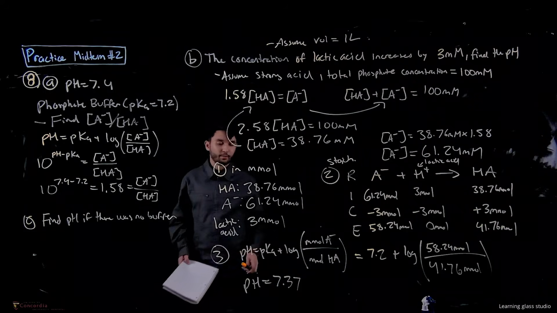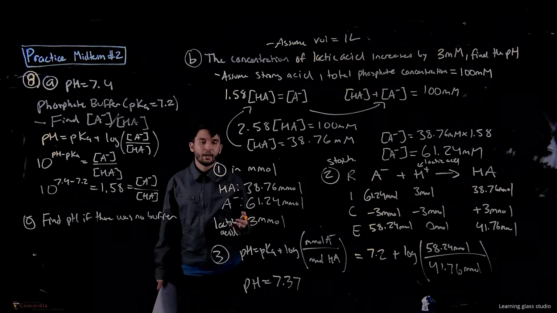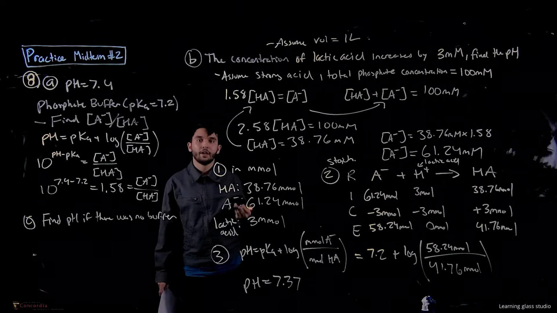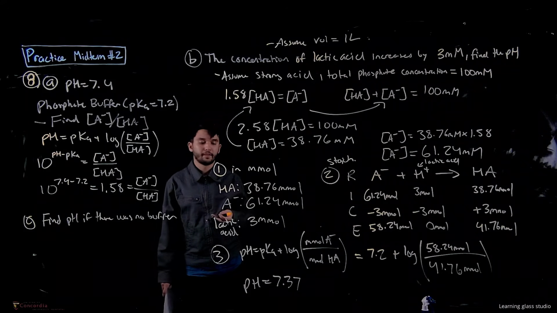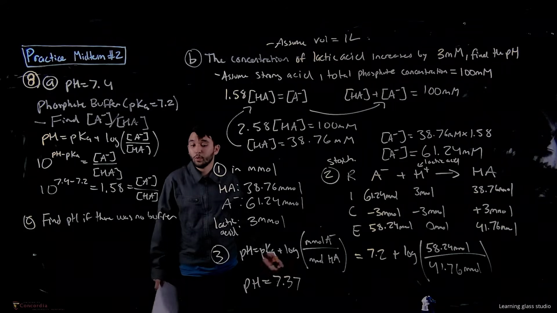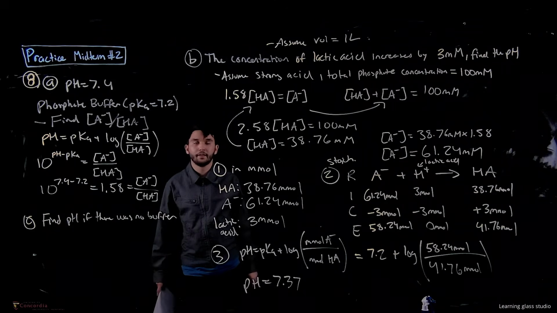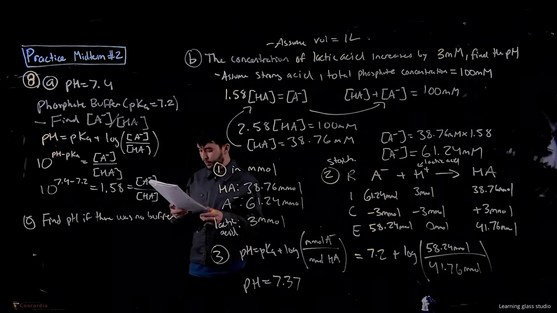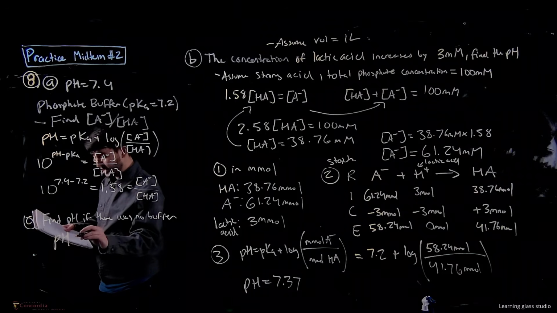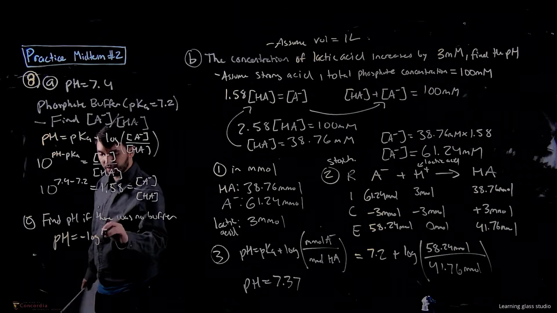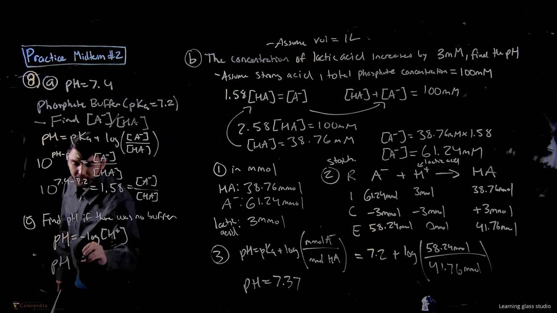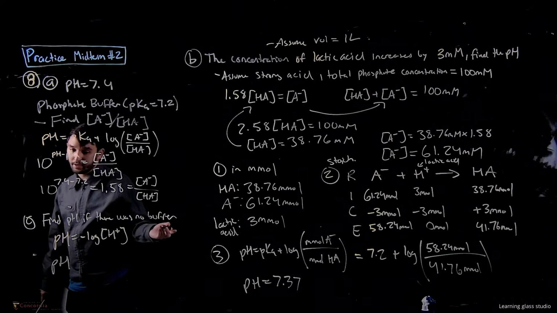So because of this, we can see that we have a buffer here, and we have enough conjugate base present in the solution from the buffer that when we add this little bit of strong acid, the pH barely changes. But what happens if there was no buffer? What happens if we just add this lactic acid to solution? To solve this, we just use pH equals negative log concentration of H+. Very simple. So we need the H concentration in molarity.